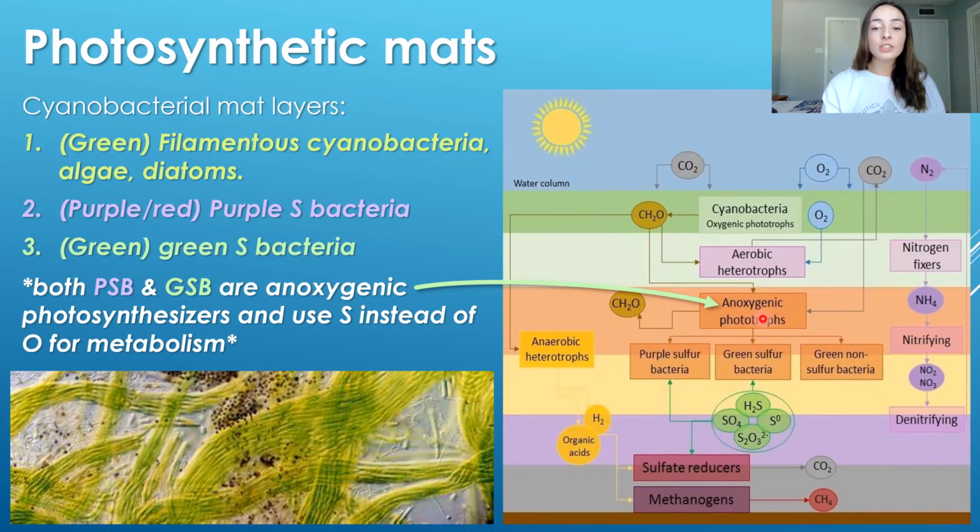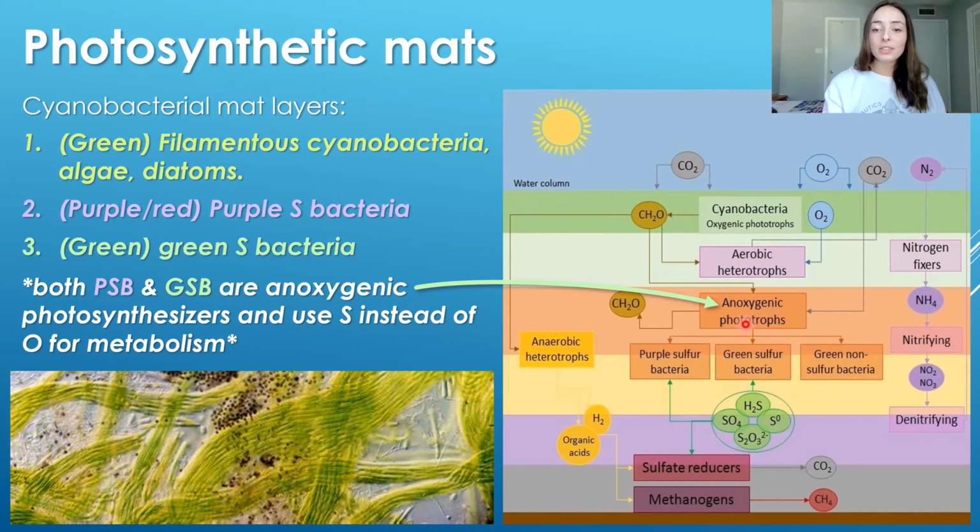And if you're wondering, okay, so they have access to the sulfur and they kind of get away from the oxygen because they're deep enough, but since they're so deep, does sunlight even reach that far since they are still photosynthesizers and they use light? Well, yes, it actually does.